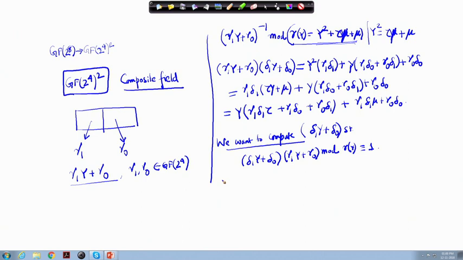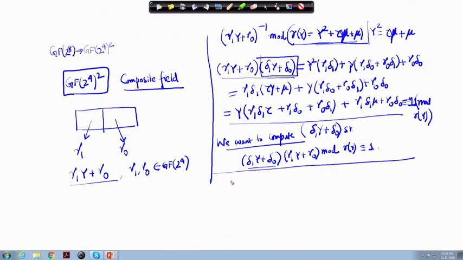Okay. So this implies that I basically want to calculate delta 1 y plus delta 0, such that this result is equivalent to 1 mod of ry. Mod of ry is essentially this y square plus tau y plus mu. Since I want this to be congruent to 1 modulo this field, I basically end up having two equations.